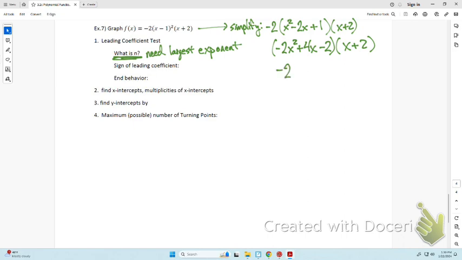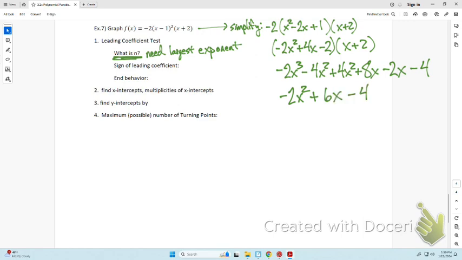So we get -2x cubed minus 4x squared plus 4x squared plus 8x minus 2x, I'm running out of room, minus 4. So we have that. Whoops, that's not a 2. That's a 3. All right, so largest exponent is 3, and it's odd.